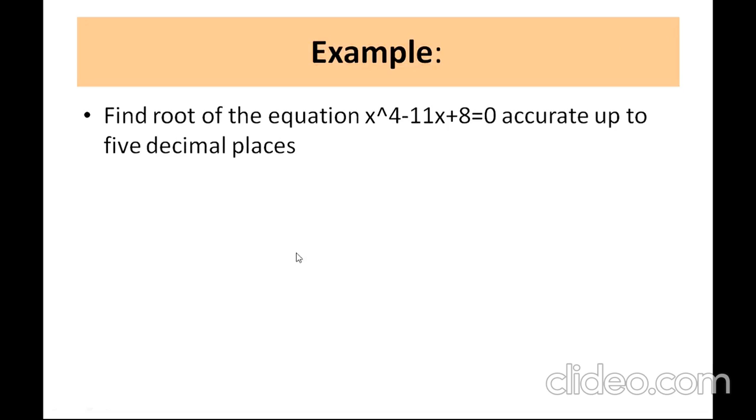Now let us take an example. Find the root of the equation x raised to 4 minus 11x plus 8 is equal to 0, accurate up to 5 decimal places.